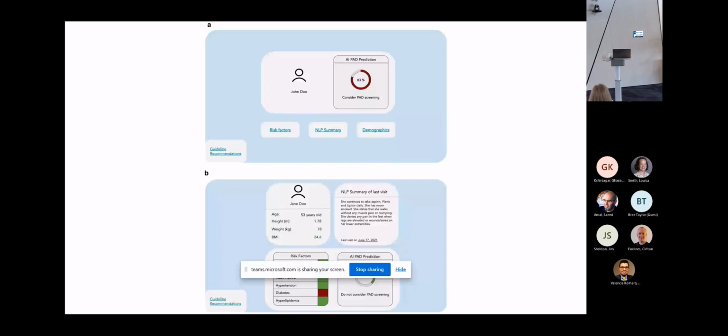The other visualization, we try to reduce the number of clicks till the user is able to get a more comprehensive overview about the patient.